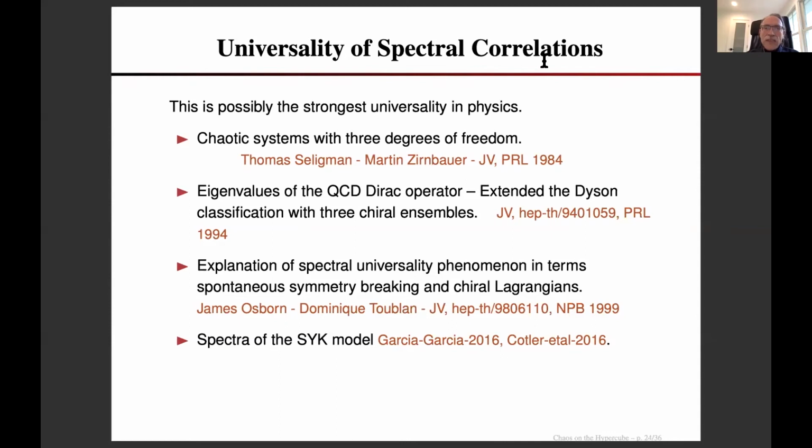The correlations of spectra of chaotic systems are strongly universal. It is possibly the strongest universality in physics. That's even said by Steve Shenker, who worked a lot on universality in phase transitions.